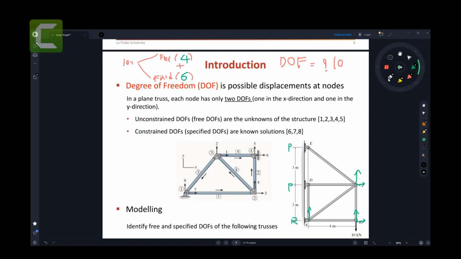So I would say that there are 5 free degrees of freedom, and the remaining 5 are fixed, which are the purple ones. That one is fixed because a roller can't go this way.